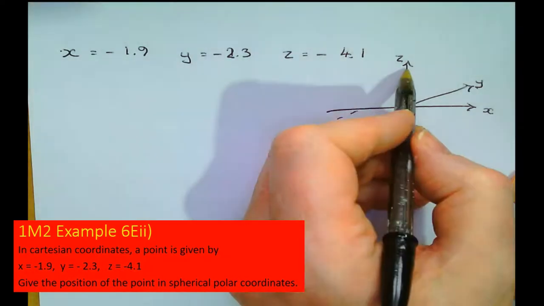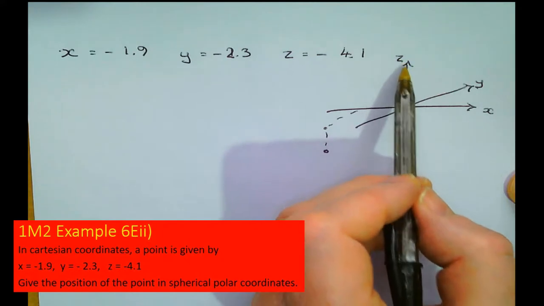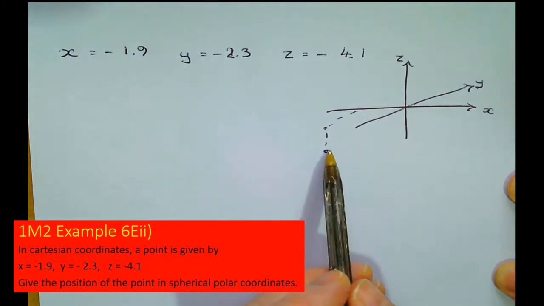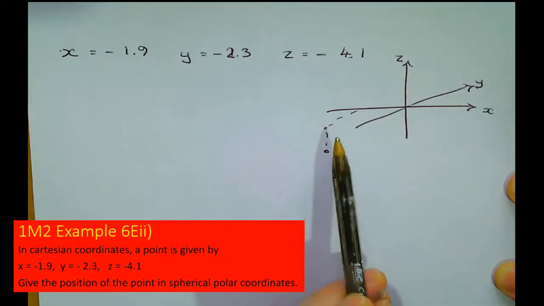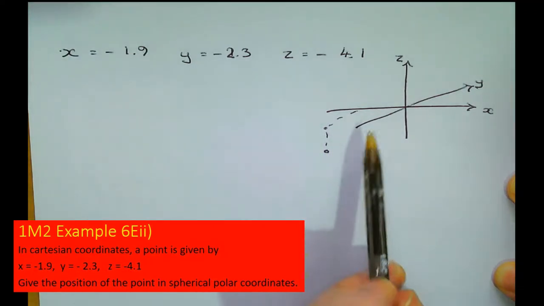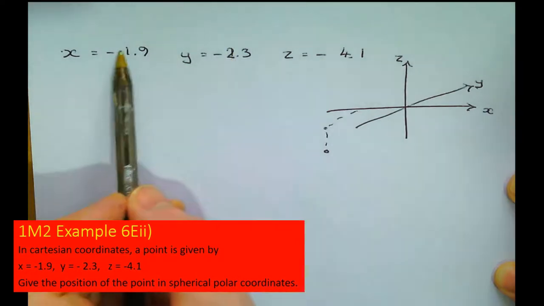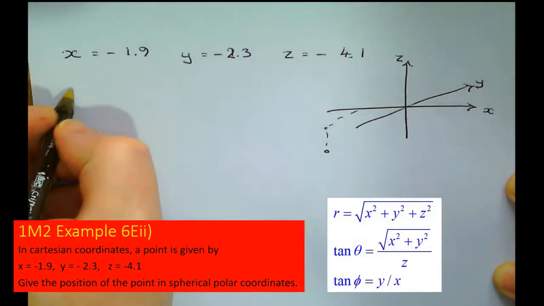So we would expect that our theta, because we're going below the equator, we'd expect our theta to be greater than pi over 2. We're going into the second quadrant. We would expect our phi, because x and y are both negative, we would expect phi to be in the third quadrant. Well, let's start with r though.